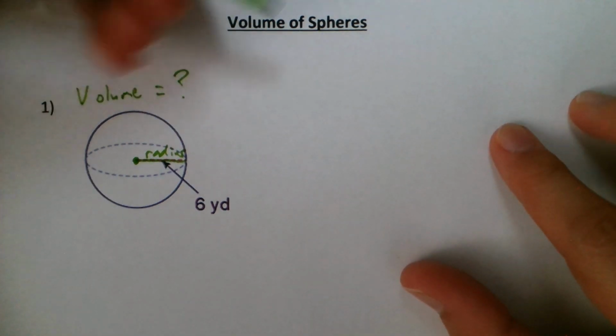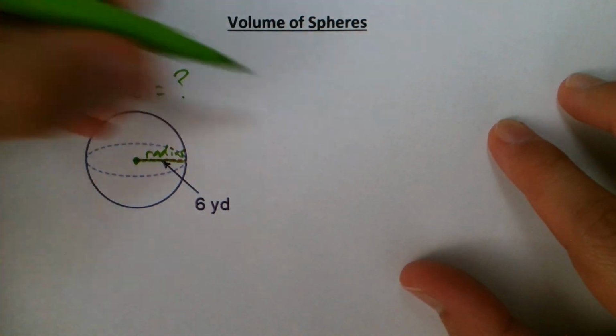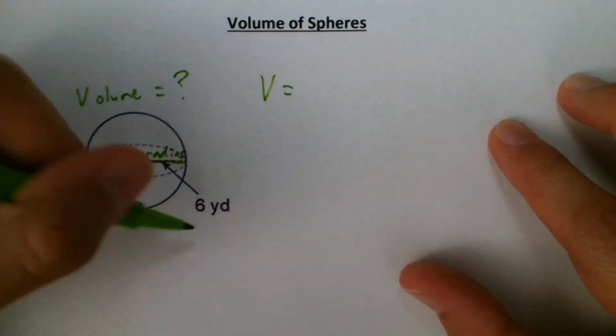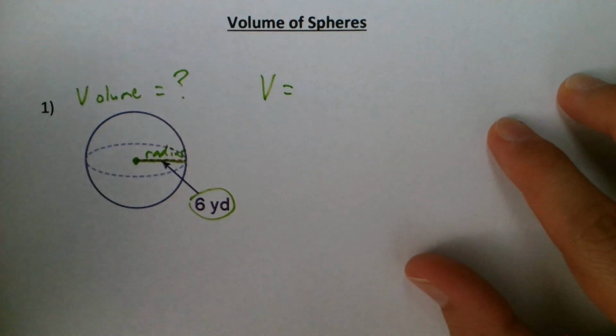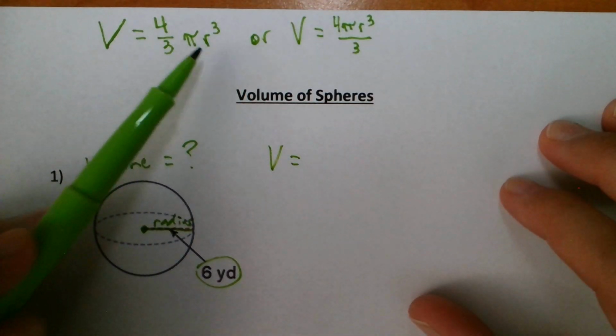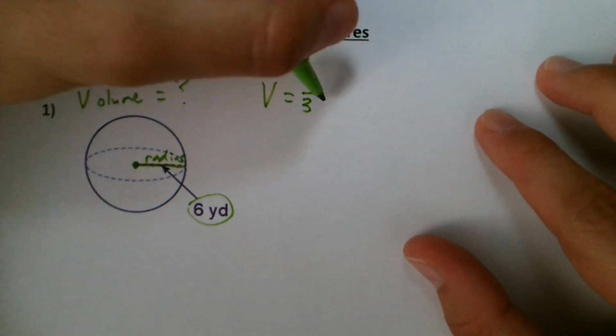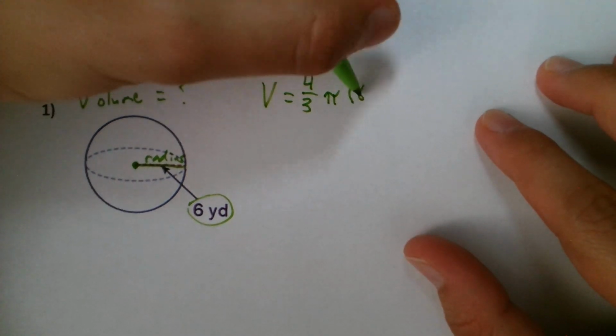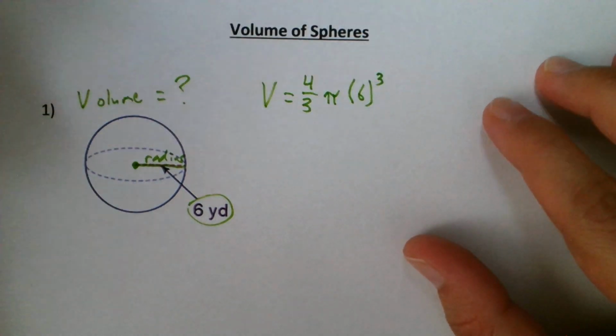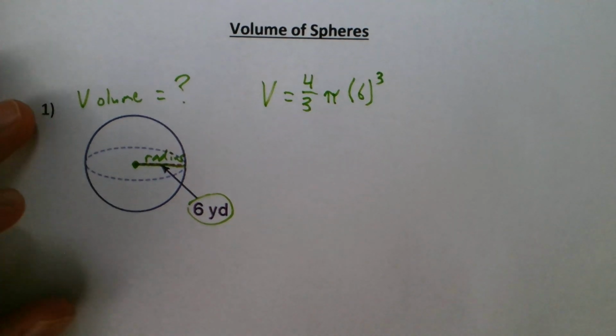Alright, so I'm going to go ahead and set everything up. I already know my radius is 6 yards, so that is really the only value you need to know for your sphere. So let's set up the 4/3 pi times 6 cubed. Cool.